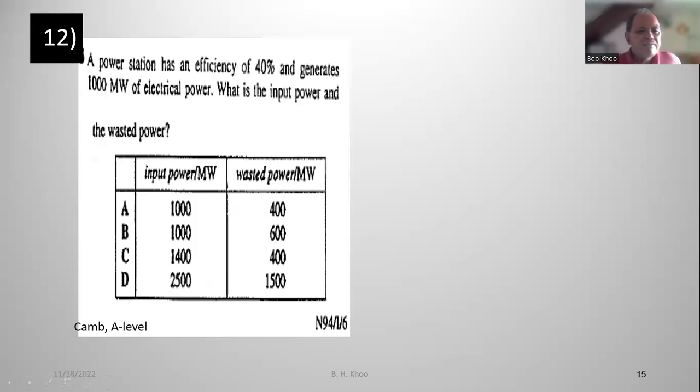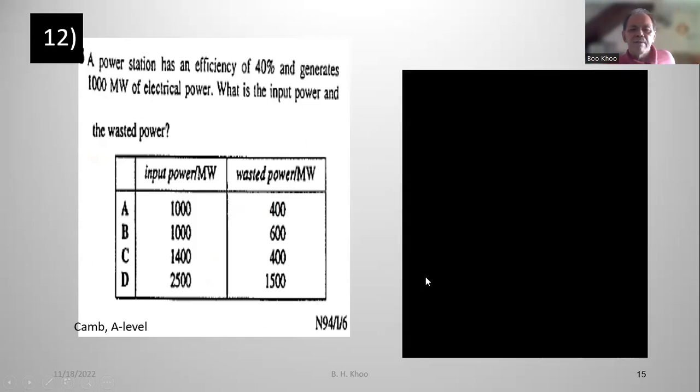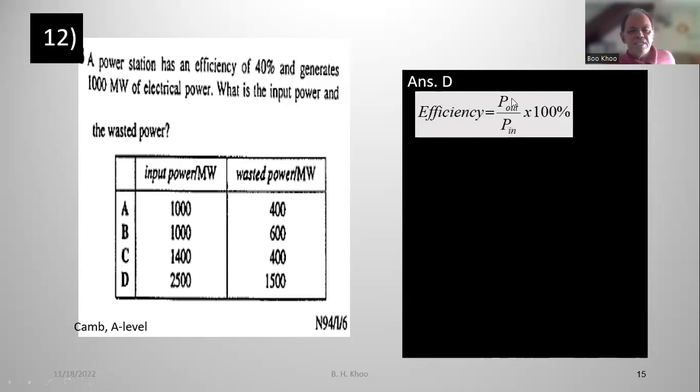I will go at this one. A power station has an efficiency of 40% and generates 1000 megawatt of electrical power. What is the input power and the wasted power? This is an old Cambridge question, November 94, paper 1, question 6. Efficiency is power output over power input times 100%.